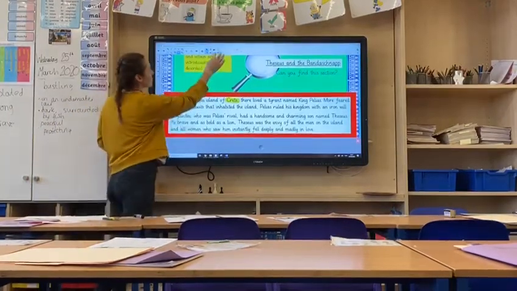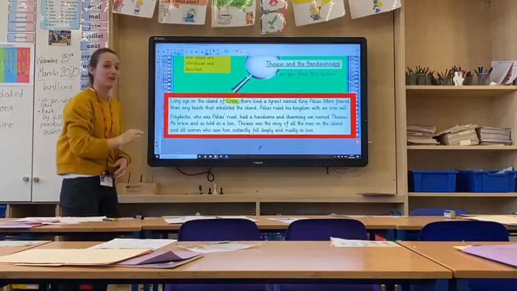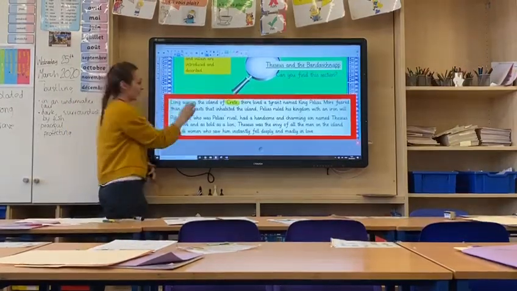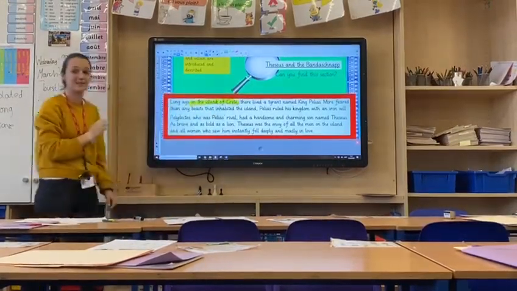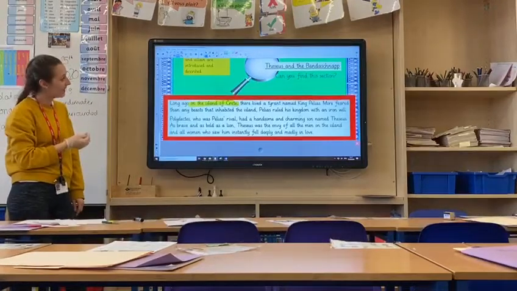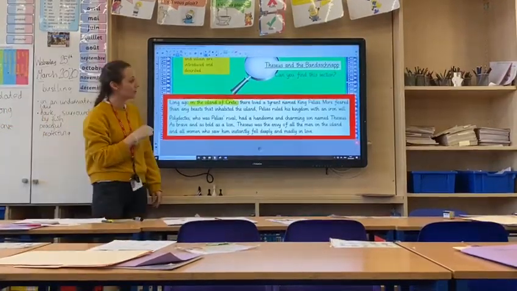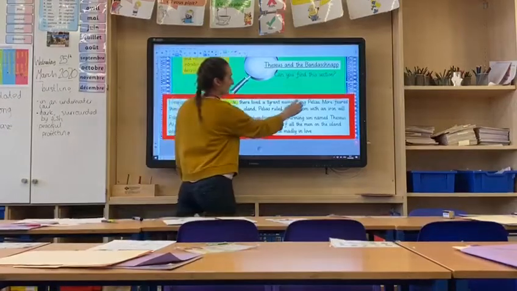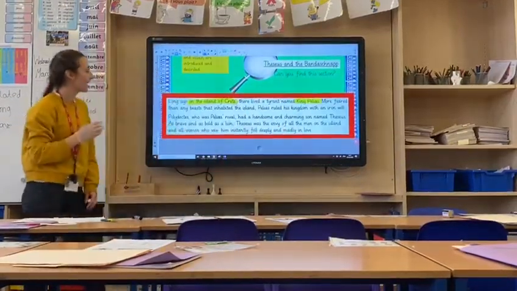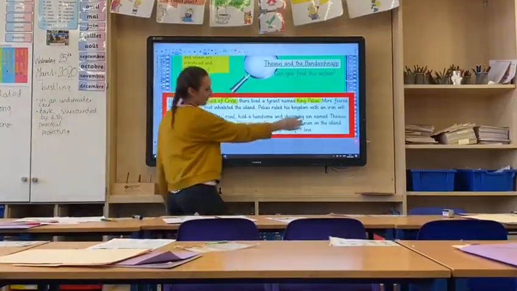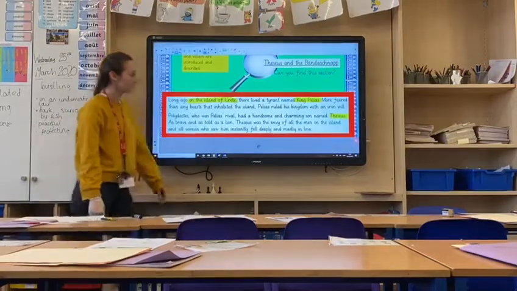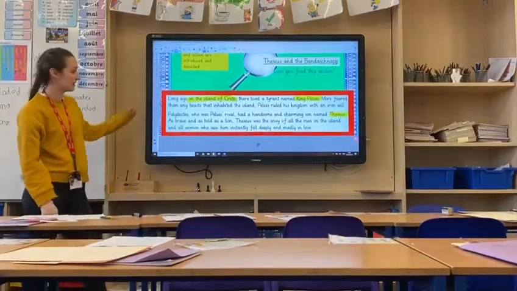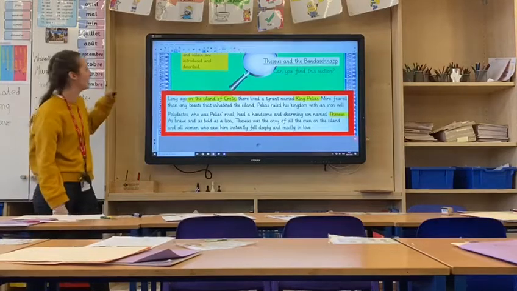Okay, so as we are describing the setting, where it is, I want you, if you can, to highlight that word Crete, or even on the island of Crete, because that's where the story is set. Okay, the other 2 things we need to do are introduce the villain, who is King Peleus, and the hero, which is Theseus over here.